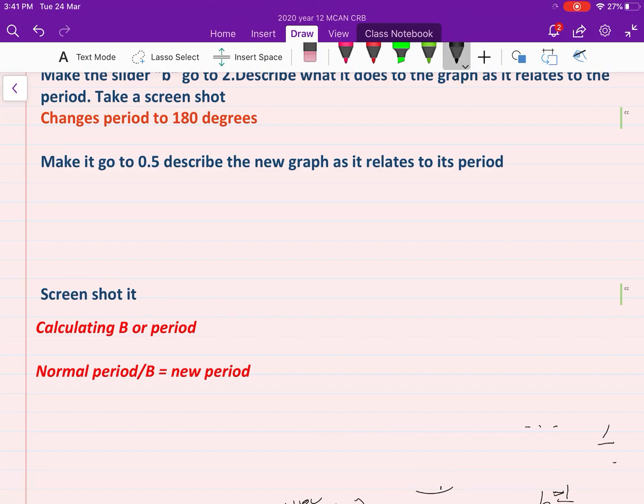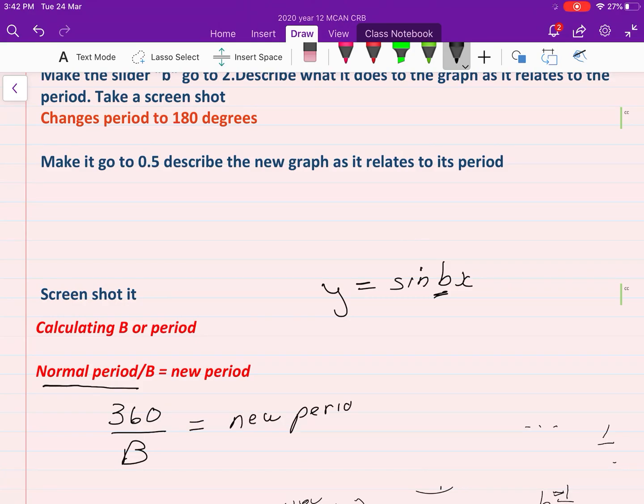So basically, calculating b, or the period, all you do is take the normal period, which in the sine and cosine graph is 360 degrees, and divide it by your b. So if I've got y equals sine of bx, and I know what b is, then that will give me my new period, where it's going to finish.